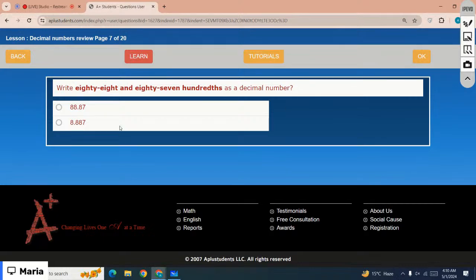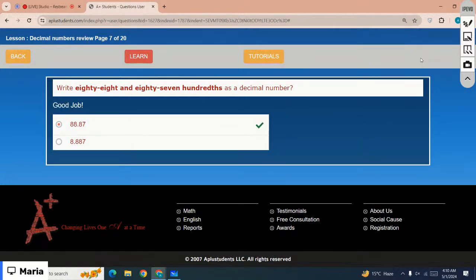The correct option for 88 and 87 hundredths is option number 1. You have 88 before the decimal and 87 hundredths means 87 is at the hundredths position. So the correct option is option number 1.